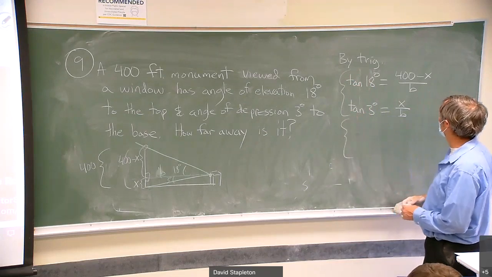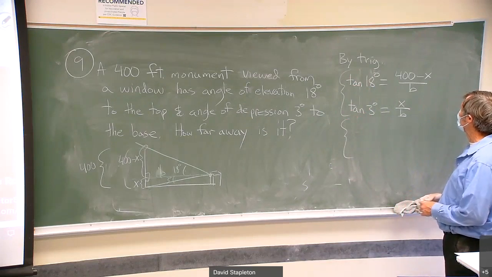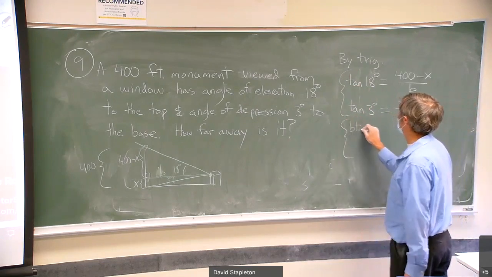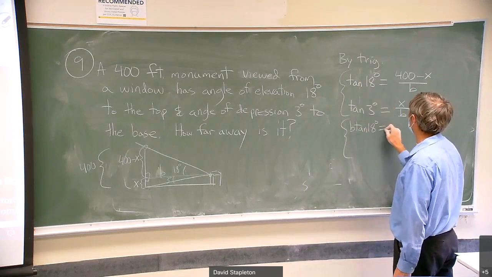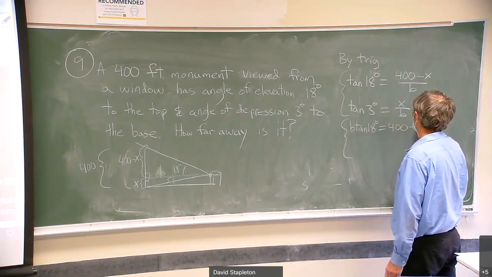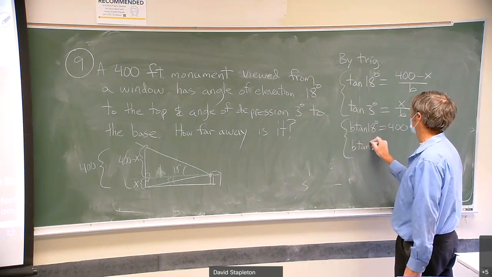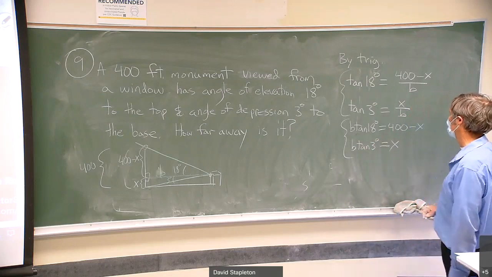I could do this and say, b times tangent 18 degrees, by multiplying both sides by b here, is 400 minus x. And the second one, multiplying by b, gives me b times tangent 3 degrees equals x. All right.